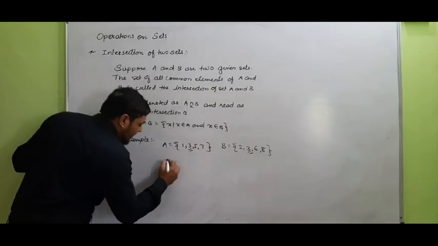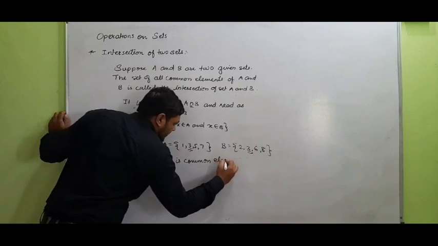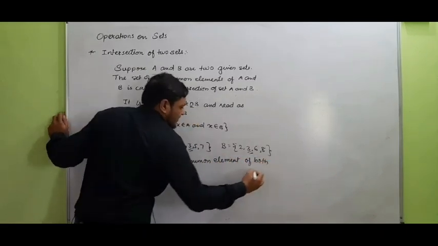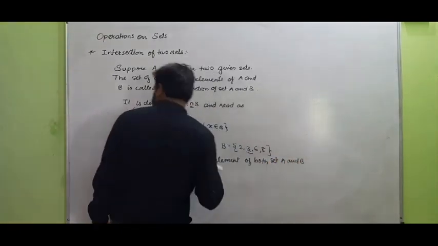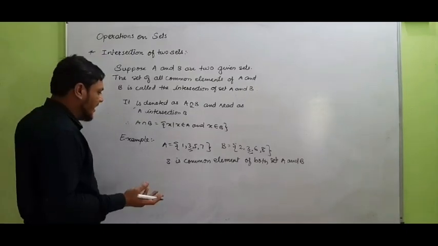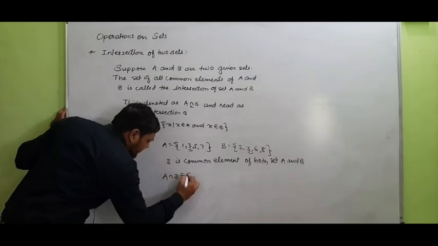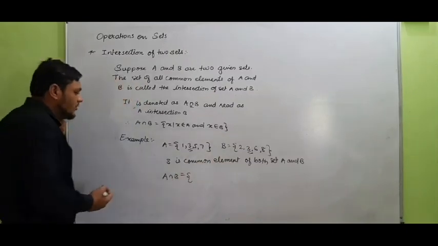So 3 is the common element of both sets A and B. We will make a set of the common elements, that is A intersection B. This set will contain the elements which are common in both sets.